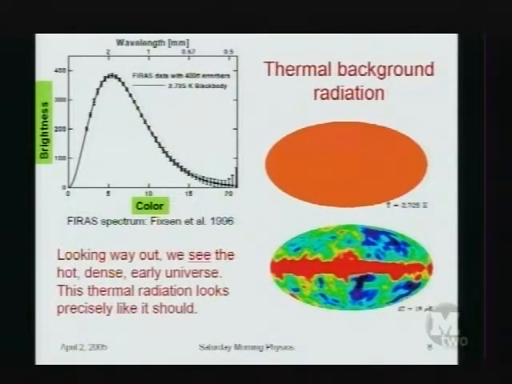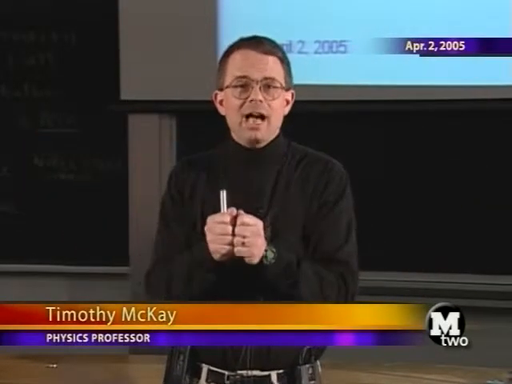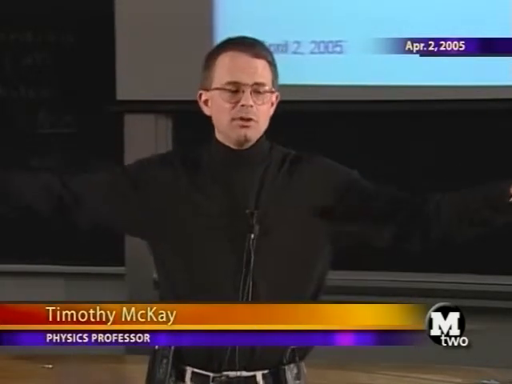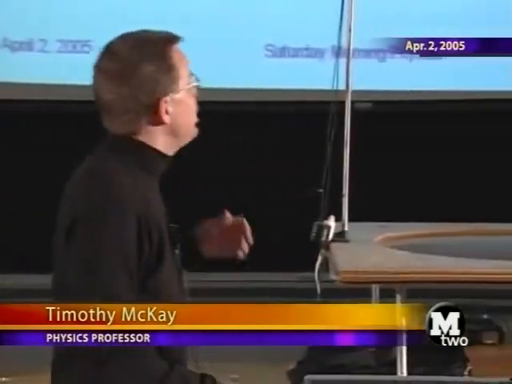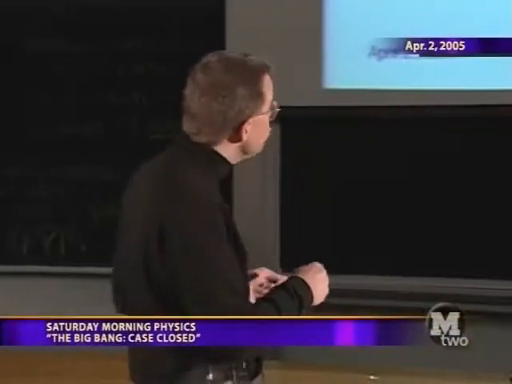And so light has been propagating from that very hot, dense early time toward us for the whole age of the universe, and it's just reaching us now. So these are the most distant things that we can see, and they have a distribution of light, a mixture of colors, which is exactly the mixture that is predicted for this kind of thermal radiation. And that, too, is a very important confirmation of this Big Bang picture.